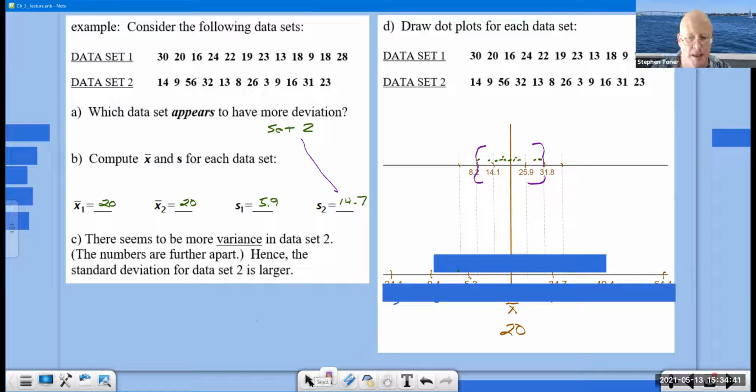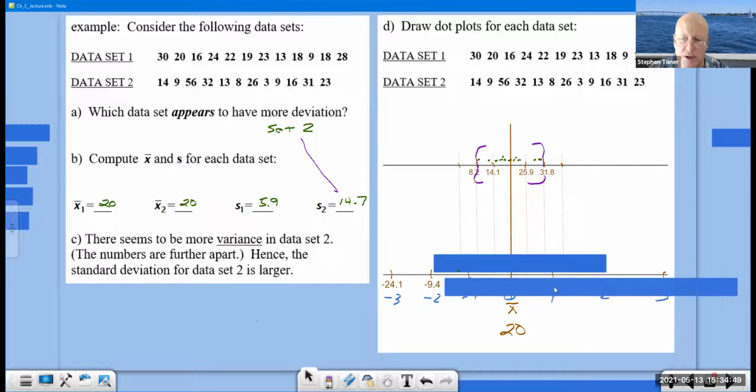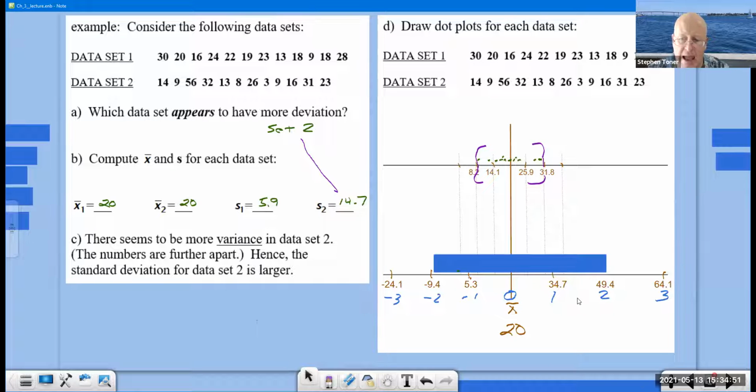Now, the second data set had a much larger standard deviation, and I wanted to line these 2 data sets up. So what I did is I added 14.7. I started at the center and I added 14.7. I added 14.7 again and then again. And then likewise, I went down 14.7 repeatedly.